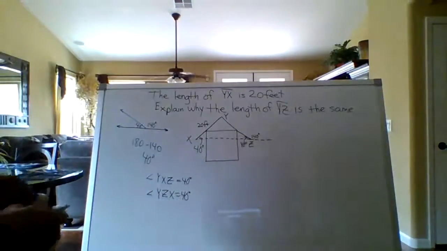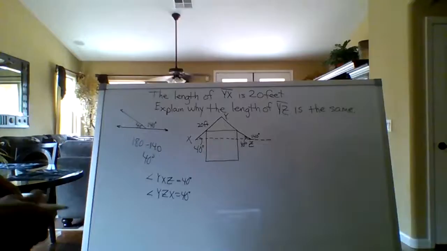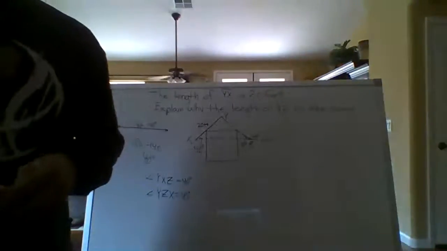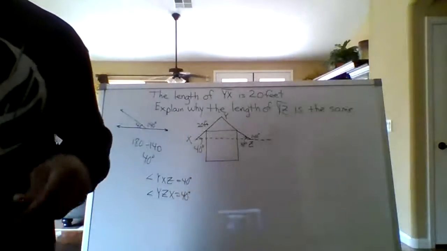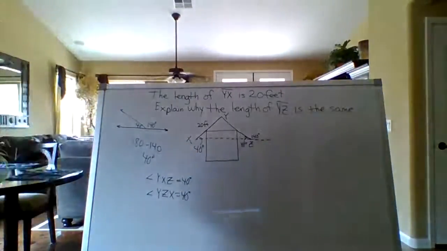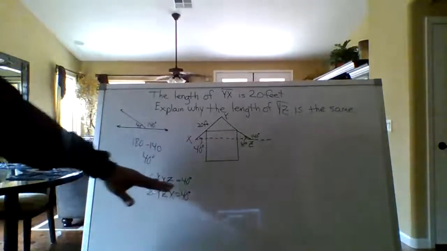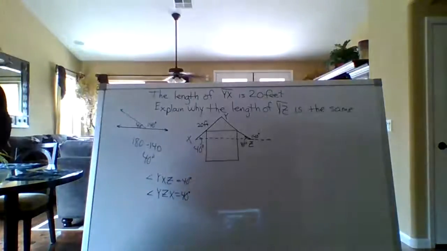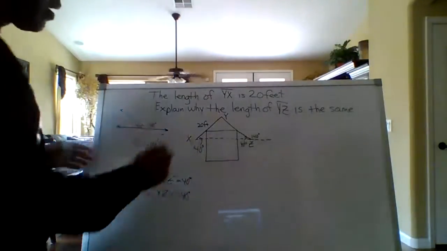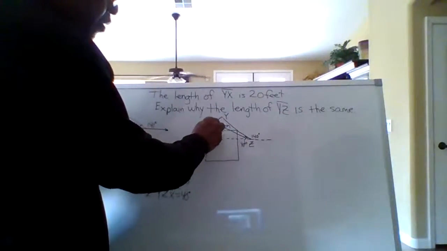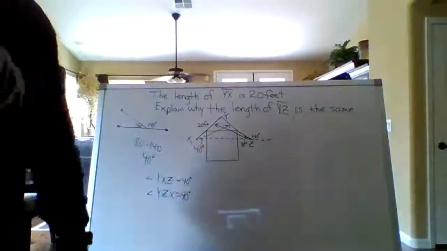Those two are 40. So now I'm looking at the converse of our isosceles triangle theorem. Since these two angles are the same, the opposite sides will be the same. So this side will be congruent to this side.